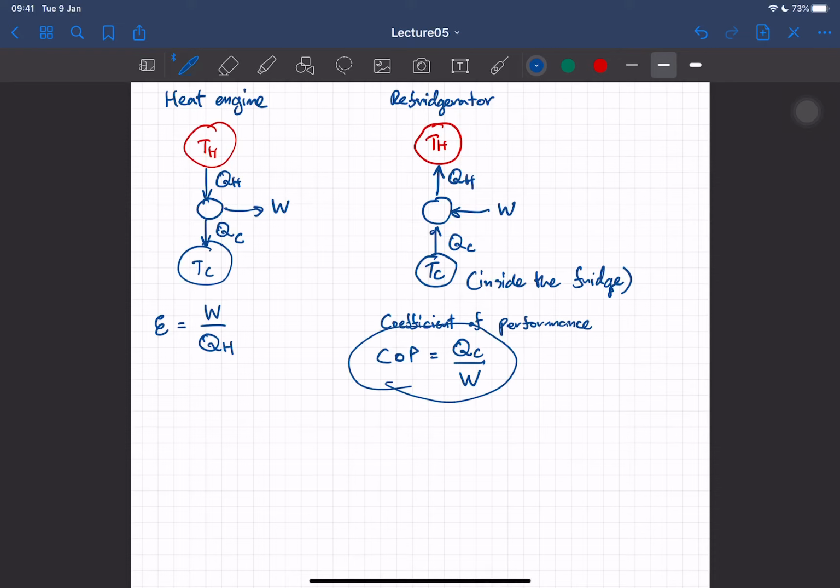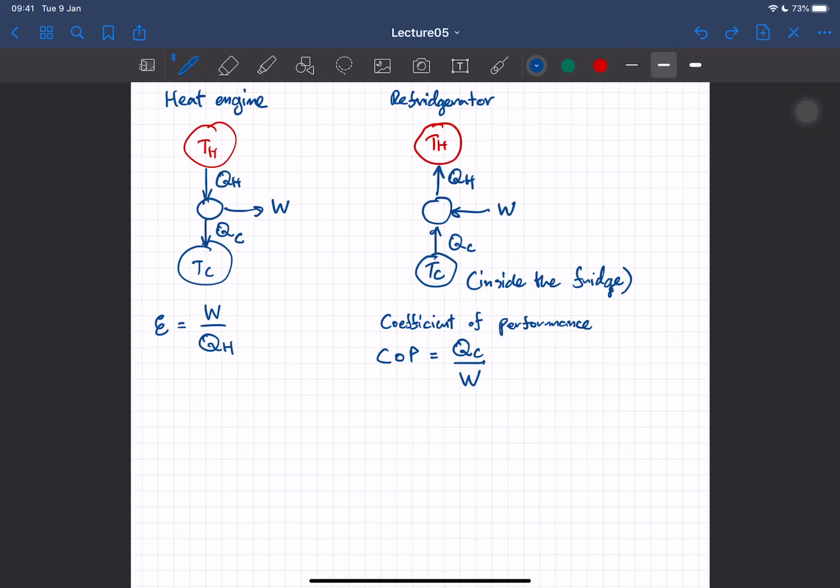But it's just not capped at 100%. That's the only reason why we don't call this the efficiency of the refrigerator. But anyway, the larger this number, the better fridge that you're going to have.